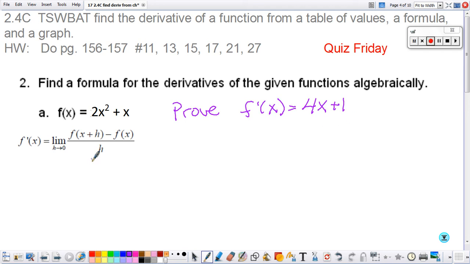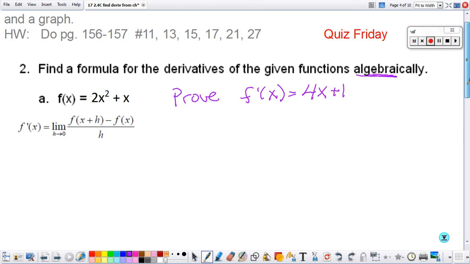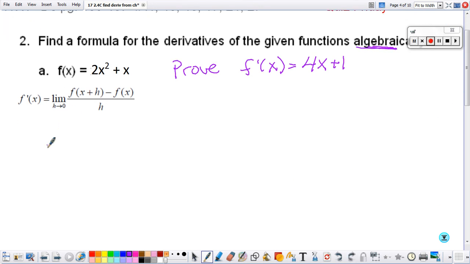What I want to see is, can you do the algebra through this limit to get to the actual derivative equation? So let's plug in everything and do all the algebra. This is the limit as h approaches 0. Now f of x plus h, I have to plug x plus h in for both x's.